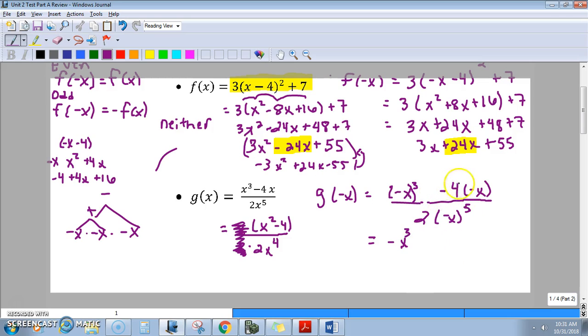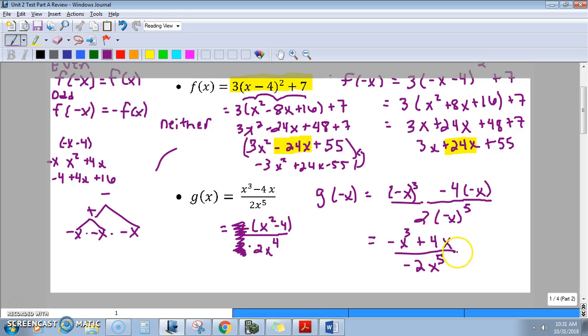And then this negative 4 times this negative x becomes plus 4x over, and then this negative x to the 5th power becomes negative, so my new denominator is negative 2x to the 5th power.